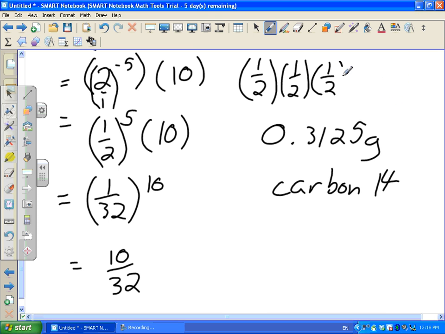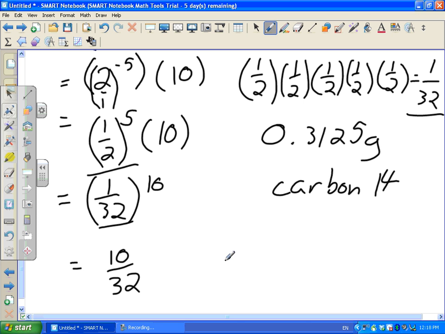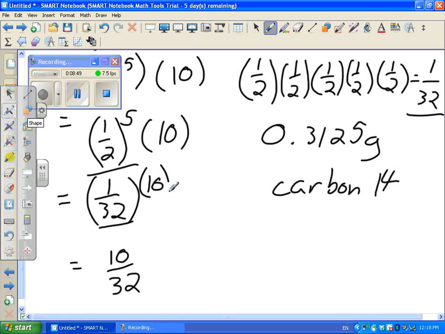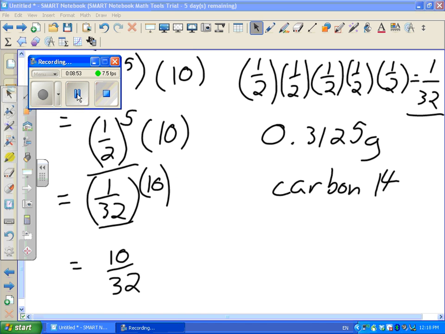What's 1 times itself 5 times? 1. 2 times 2 is 4, times 2 is 8, times 2 is 16, times 2 is 32. So 1 over 32. That's what I replaced it with right there. Does that make sense? Okay. 10 is in brackets. Anything else you guys need?